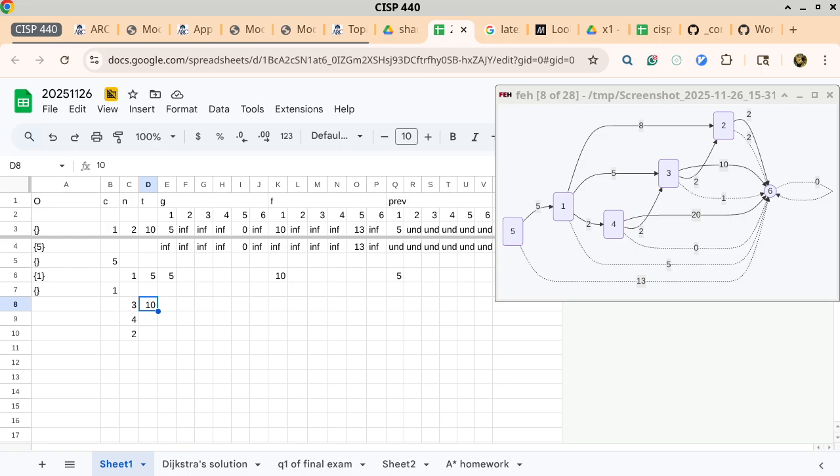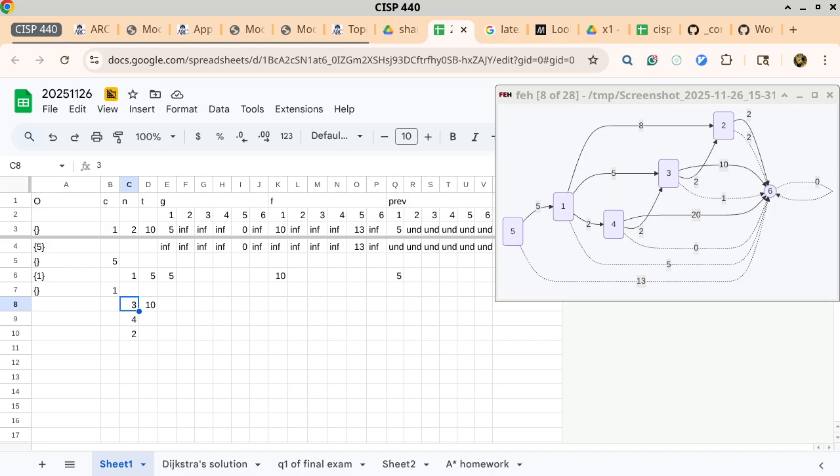So now I have to compare this 10, which is representing the length of a path from the start vertex through vertex 1 to vertex 3, and I'm comparing this to the current length of the shortest path from the start vertex to vertex 3. What is that? Let me ask you one question at a time. Is it f of 3 or is it g of 3?